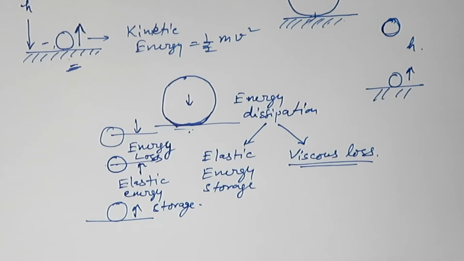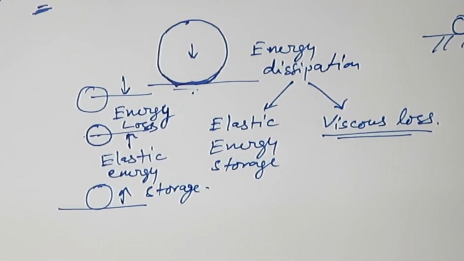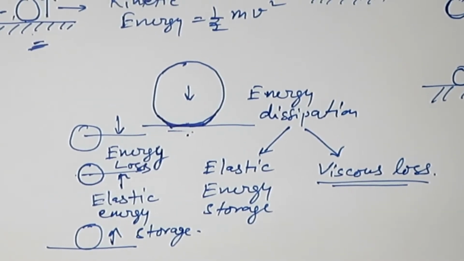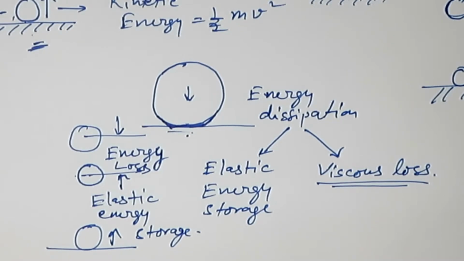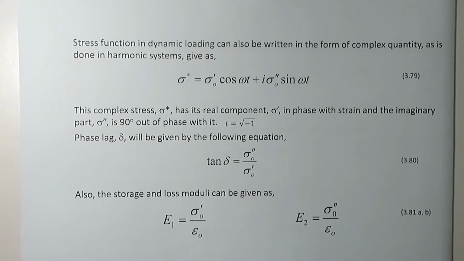This concept of the stored elastic strain energy and the energy loss can be used for dynamic loading where the stress is changing in a sinusoidal manner. In the following, we will apply this concept and calculate a ratio of the energy that is lost to the maximum stored energy.